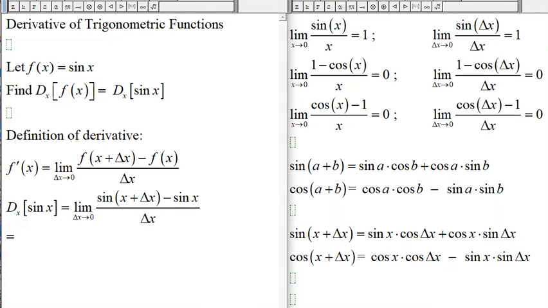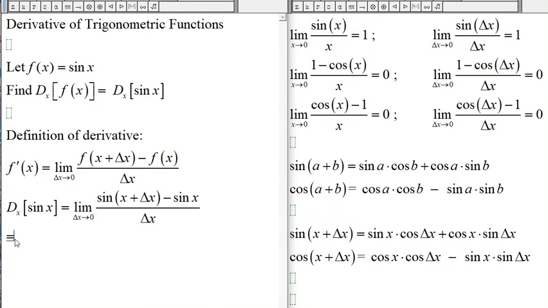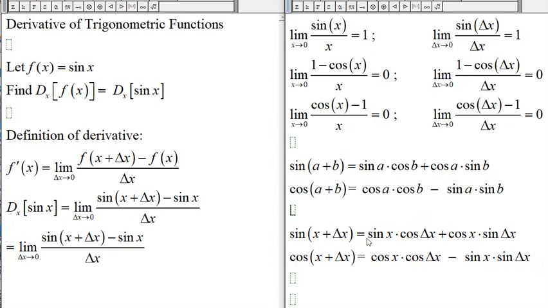And so now back over here, what we're going to do is rewrite sine of x plus delta x with this identity right here. So in the place of sine of x plus delta x, we have this identity.